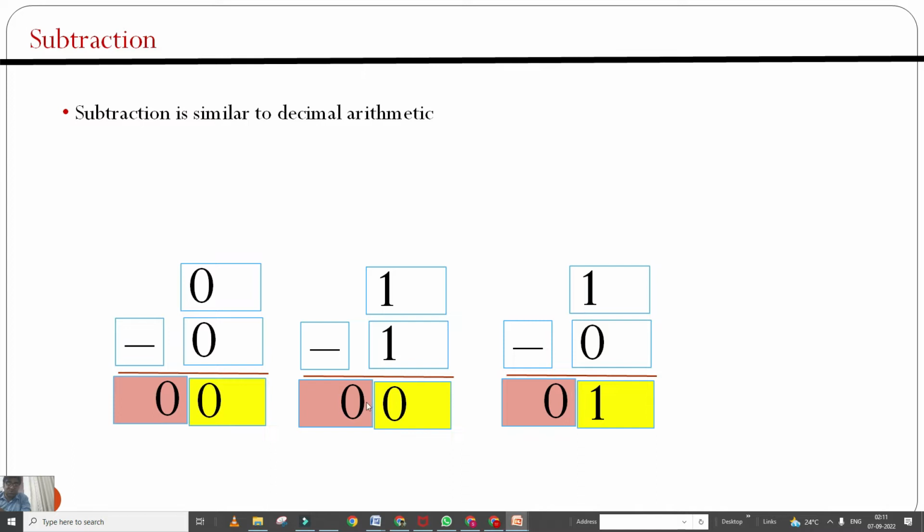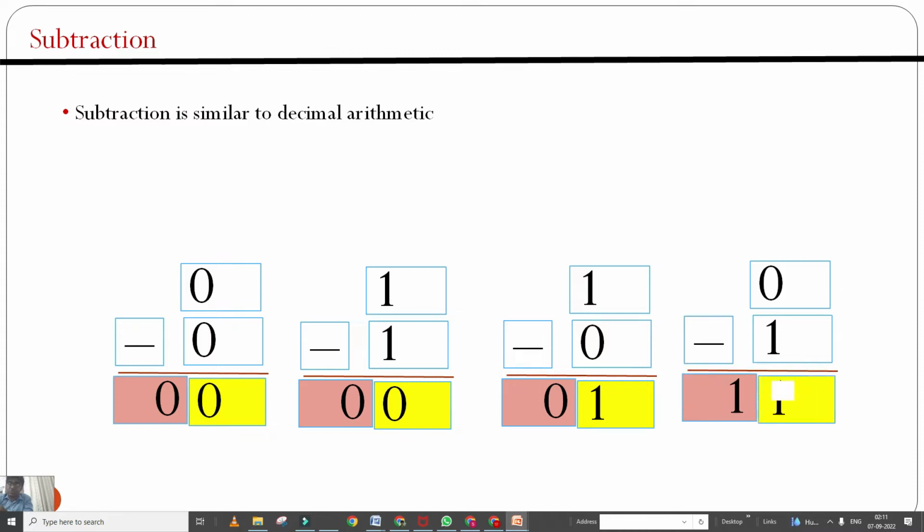So in these three cases, borrow is not generated. When the minuend is 0 and the subtrahend is 1, look at 0 minus 1, the difference is 1. But since 0 is less than 1, we require a borrow.